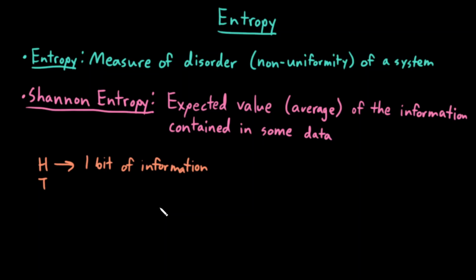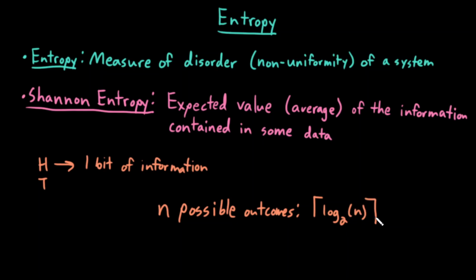In general, if there's n possible outcomes, then a single event, so a single sampling, gives me ceiling of log base 2 of n bits of information.